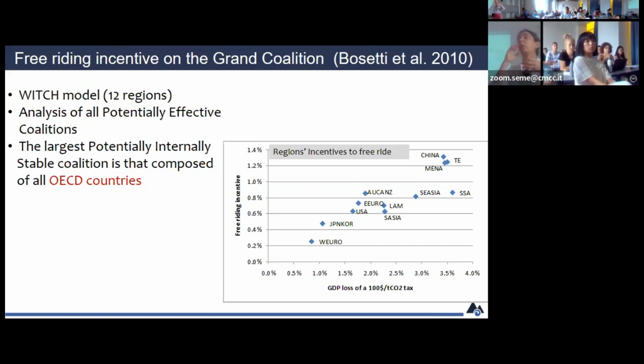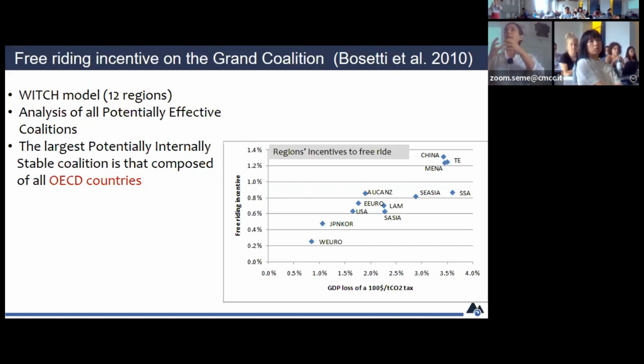Exactly. But what I wanted to point out is that you can make different assumptions on how much effort you have to take when you enter the coalition, depending on the weights we use to aggregate the coalition. So if we use a set of weights that punishes the presence of very rich people, for example, then you would have a way of sharing the mitigation such that the US pays much more than China, for example.